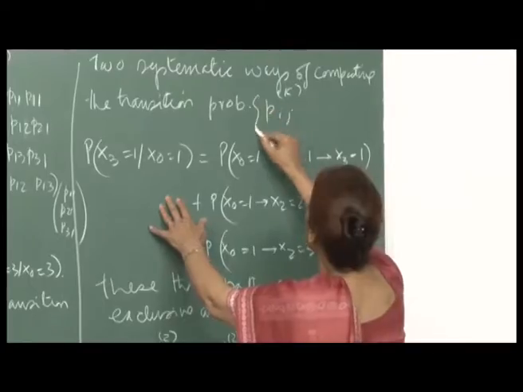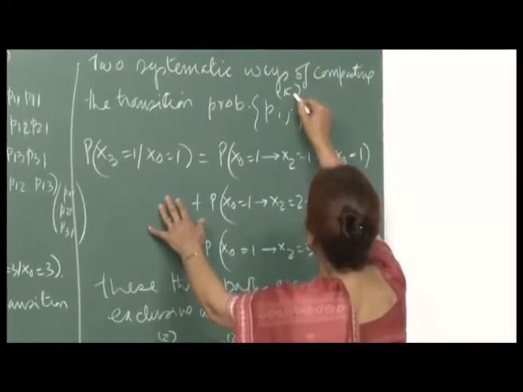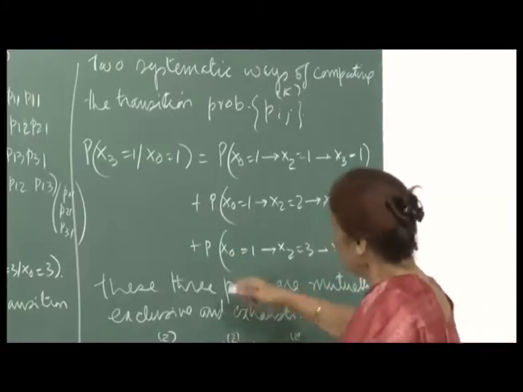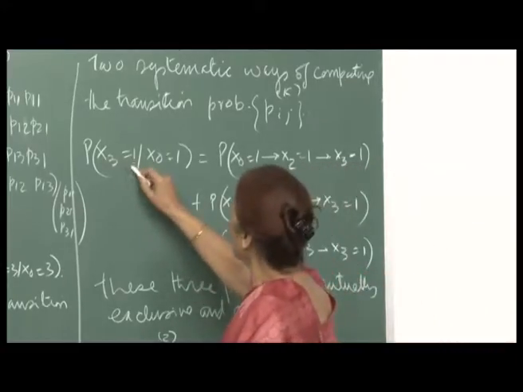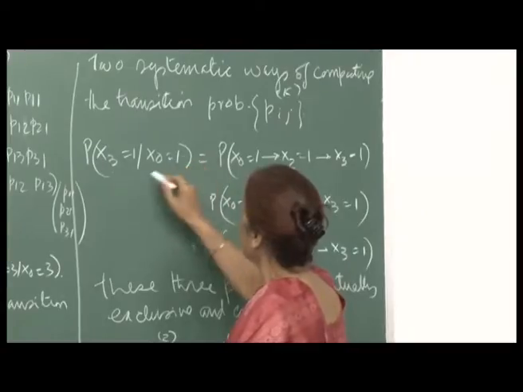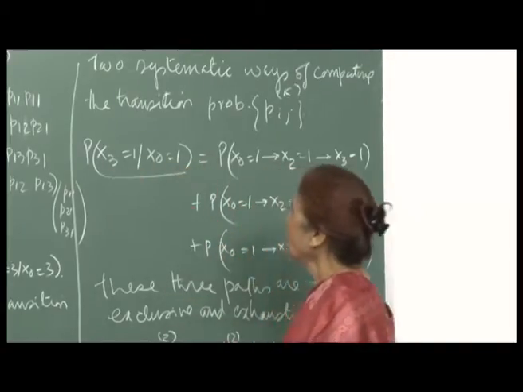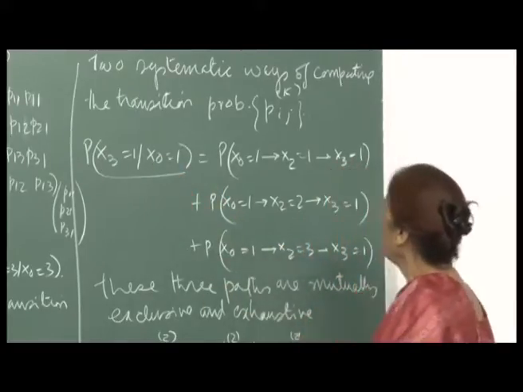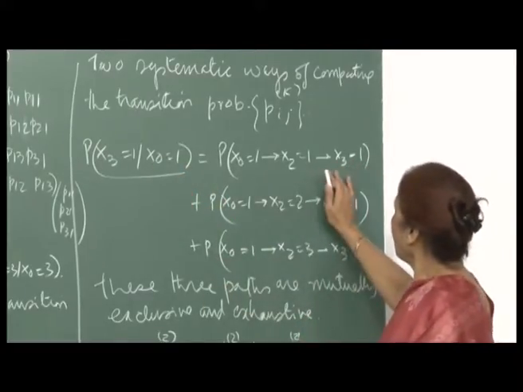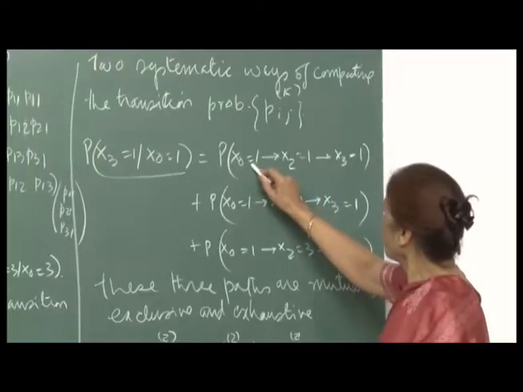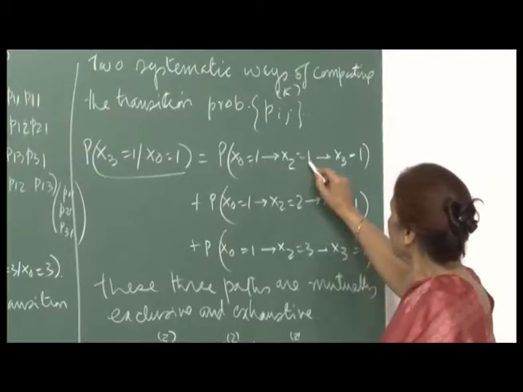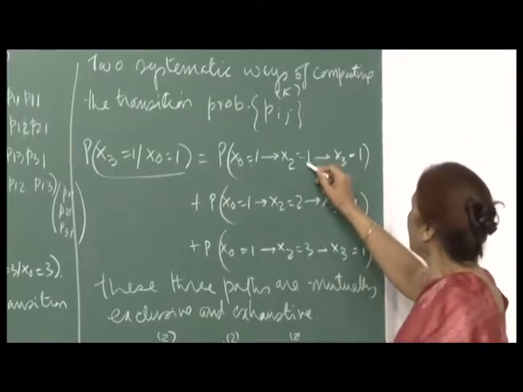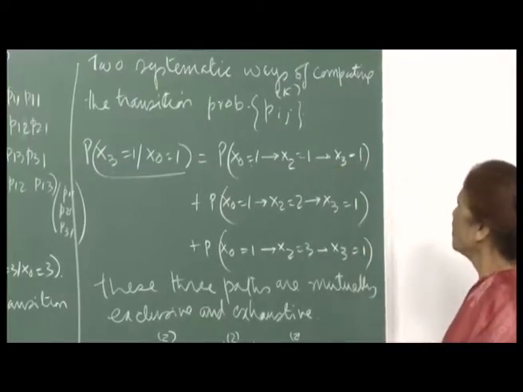So, the whole target is now to compute p_{ij}^{(k)}, that means k step transition probabilities we want to compute. And so, here again I will just start from X_3 = 1 and X_0 = 1. So, suppose now in 3 steps you want to transition from 1 to 1. Okay. So, this again I can break up like this: starting with X_0 = 1, in 2 steps you are in state 1, and then you will be transitioning again to 1, right.